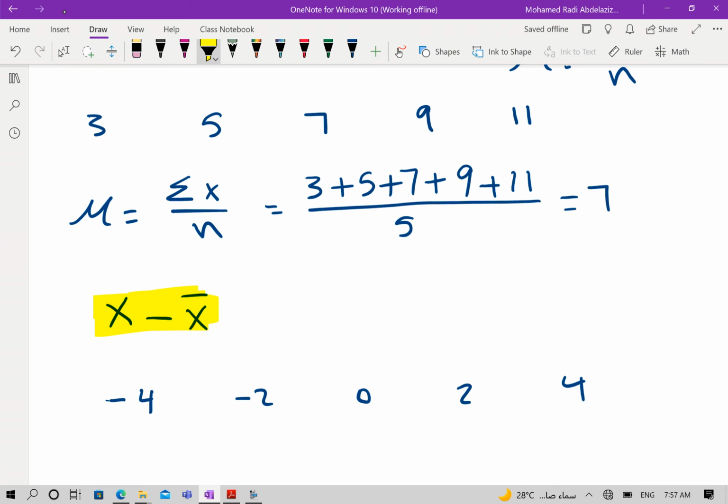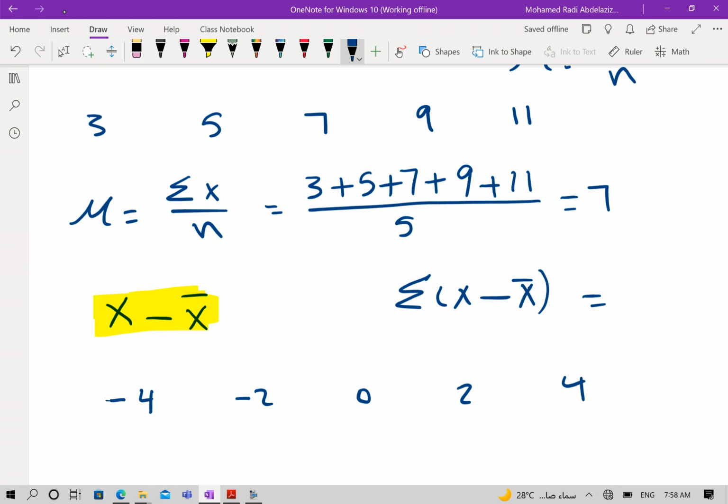If we now get the sum of x minus x bar, it equals what? 0. It has to be 0.